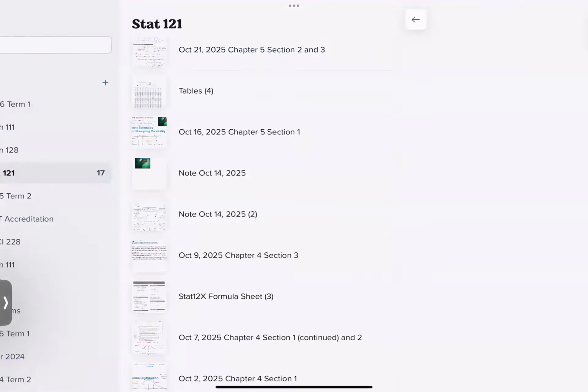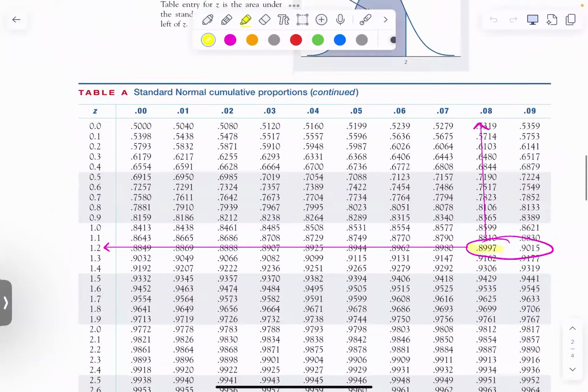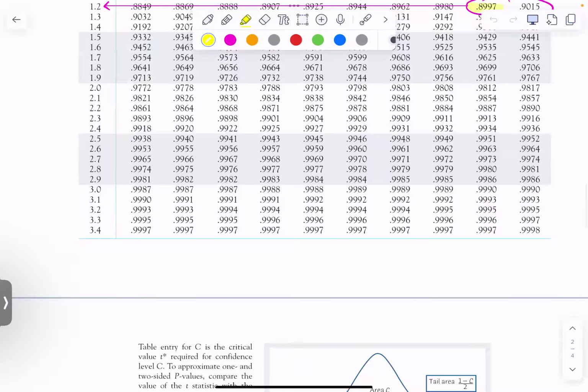So the table, did everyone get one? Did we run out? This whole section doesn't. Did you get one? Yep. It's on Google if you want.